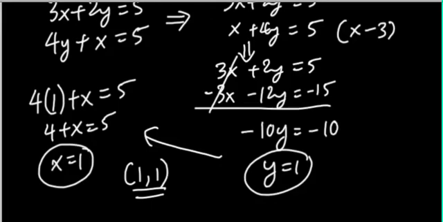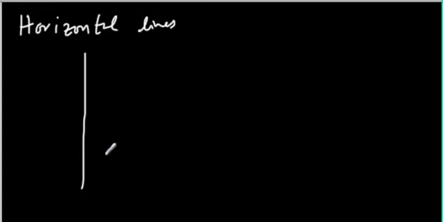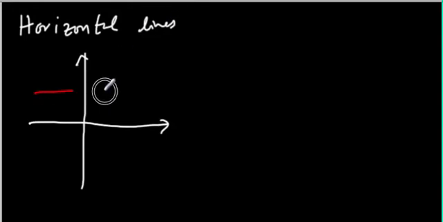So moving on, how do we express horizontal lines? This was very important. Say I have my y-axis there, my x-axis there, and a horizontal line like that, and say it goes through the y-intercept of 3.